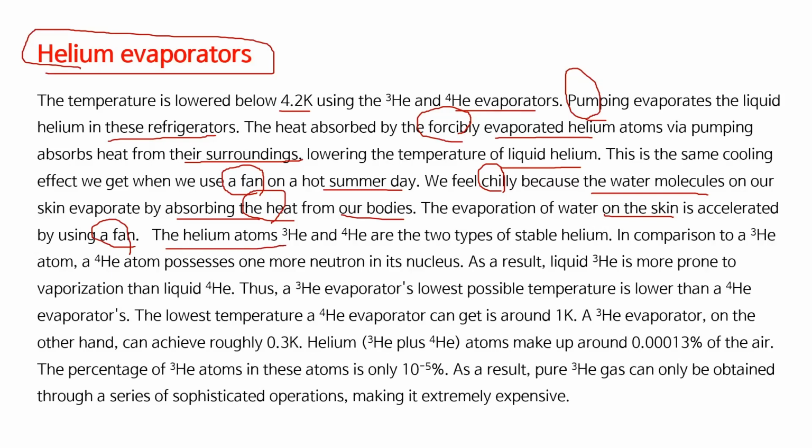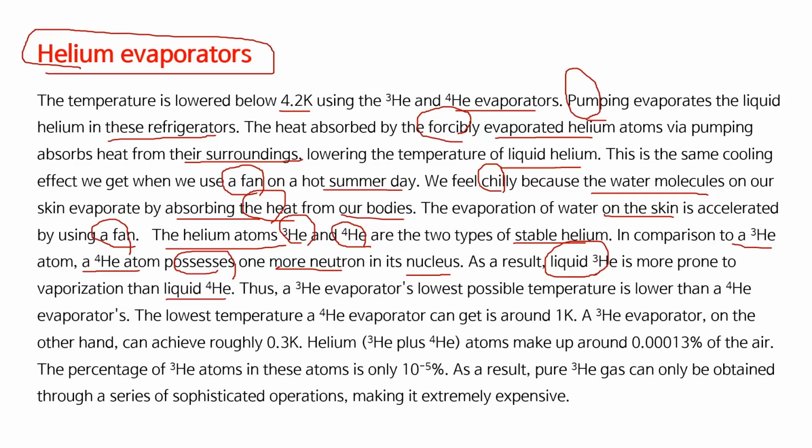Helium-3 and helium-4 are the two types of stable helium atoms. In comparison to a helium-3 atom, a helium-4 atom possesses one more neutron in its nucleus. As a result, liquid helium-3 is more prone to evaporation than helium-4.